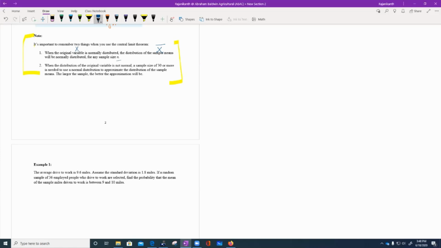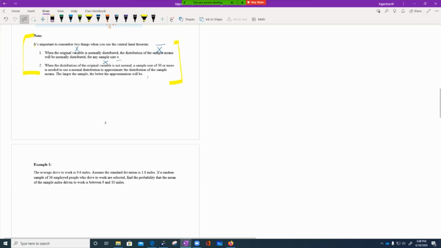But when the distribution of the original variable x is not normal and the sample size is 30 or more, then the distribution of x bar is always going to be approximately normal. So when you have a large sample size, the distribution of x bar is going to be normal, whether the original variable x is normally distributed or not. These are the two important properties we have under sampling distributions.